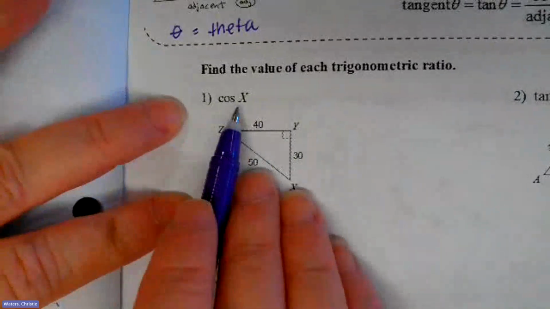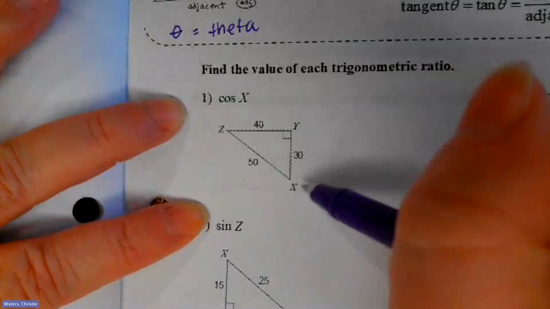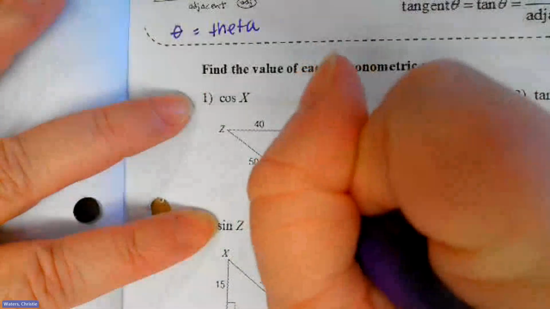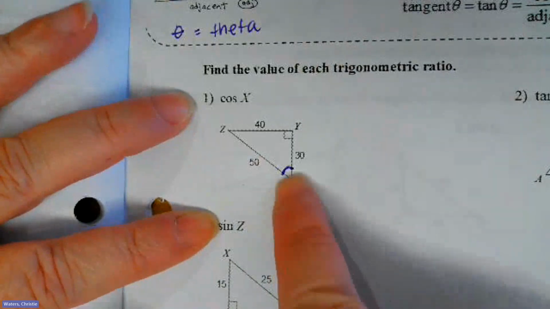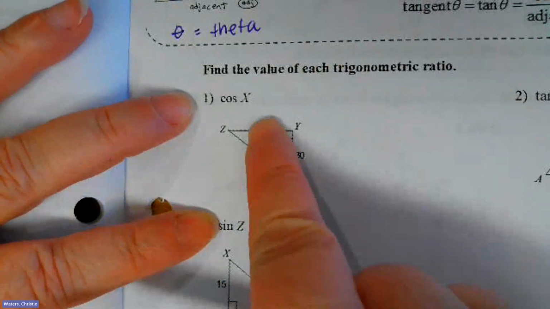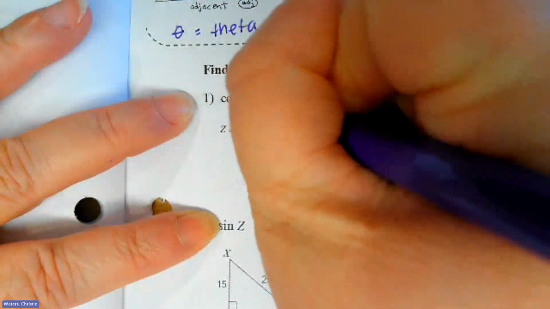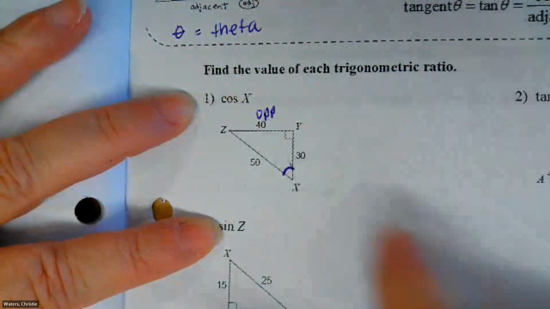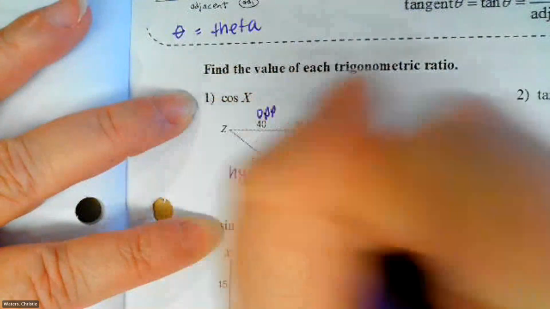So they want us here to find the cosine of x. So x is this angle right here. So I'm just going to mark it. This is my focus angle. Now remember, if you're standing at your focus angle, the side you're looking at straight across is your opposite side. If you're standing at your right angle, the side across from that is your hypotenuse.